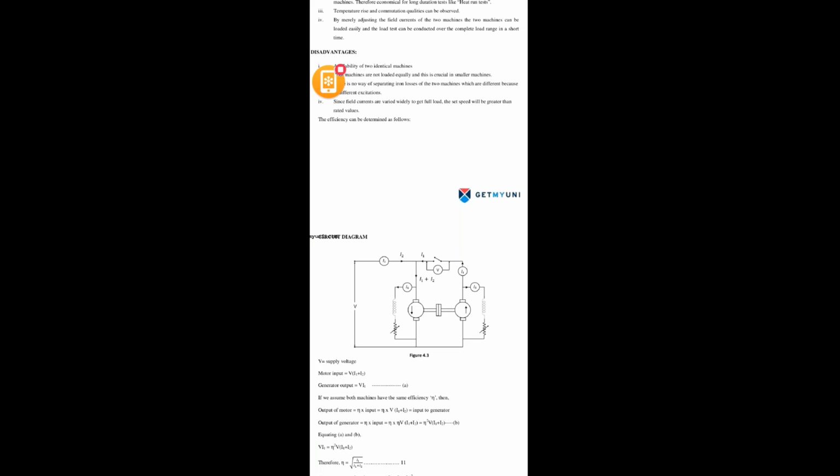The generator gives electrical energy, which could be used again as input to the motor, but it never happens. Why? Because the motor and generator are not perfectly efficient and certain losses happen, so we won't get back the same electrical energy that we gave as input.